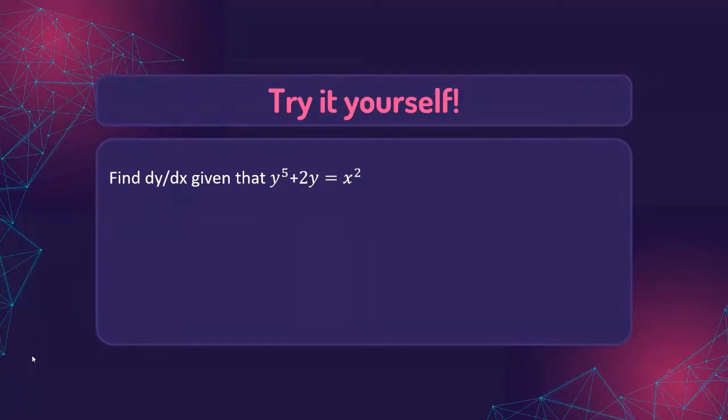In our example, y raised to 5 + 2y = x squared. The first thing we need to do is to differentiate both sides. So y raised to 5 + 2y is equal to x squared, and if we differentiate both sides, it will become dy/dx times the quantity y raised to 5 + 2y = x squared.